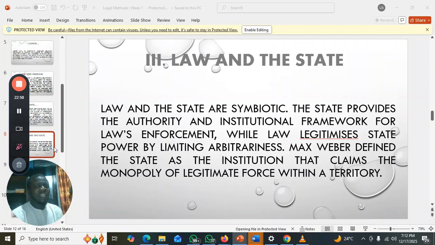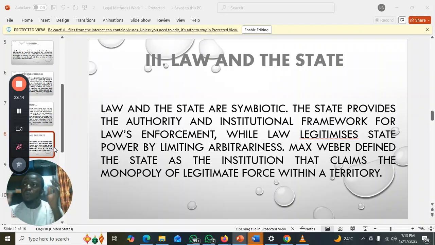Logically, who creates laws? Legislation, right? Then who creates legislation? The state. The state is the one that gives legislative people power to make laws. And the law now will regulate the state from going against the law. Do you see the connection? So this is the connection between the state and the law.